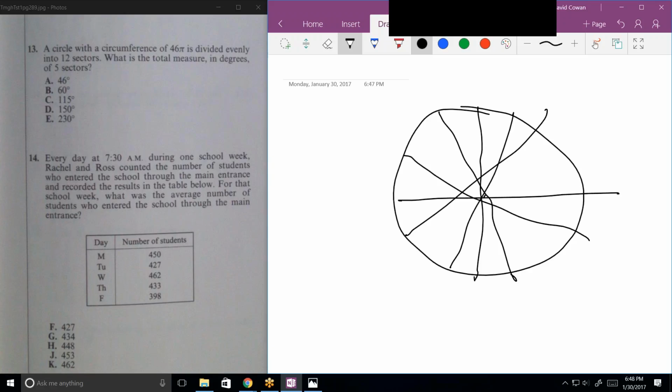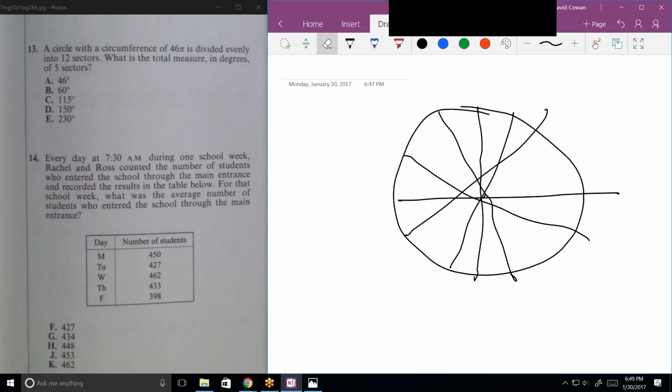The angle. What's the measurement all the way around? What's the angular measurement in degrees? Oh, 360. Okay. So I've split it up into 12 sectors.